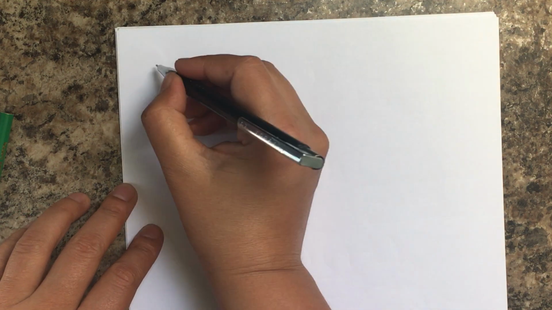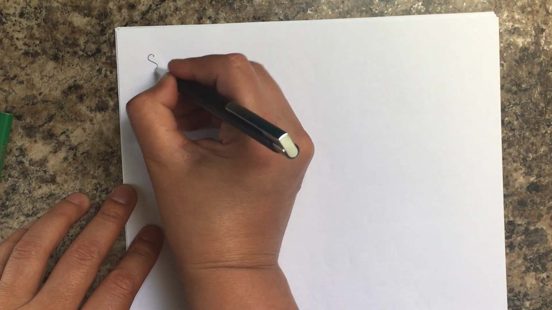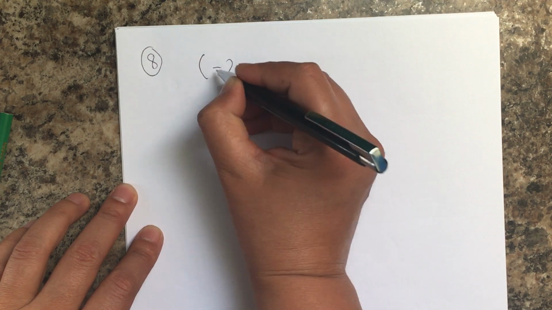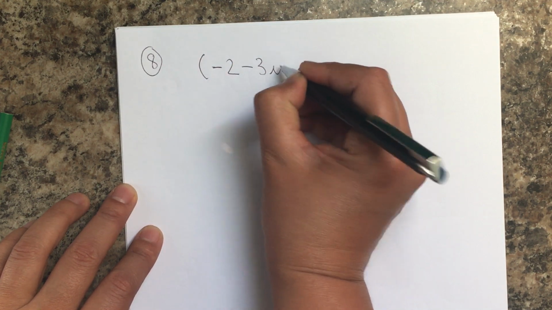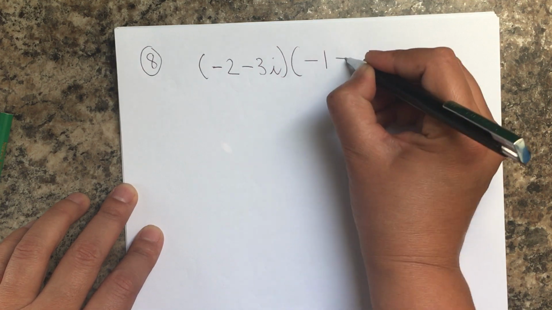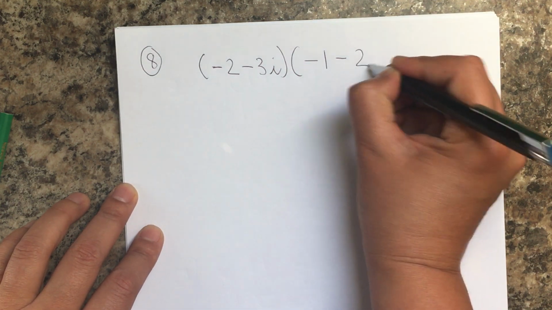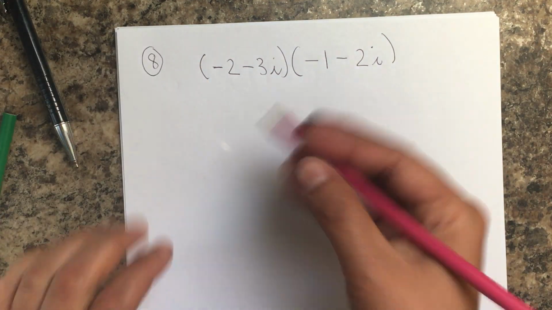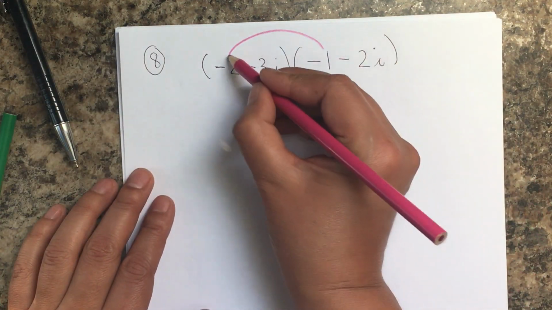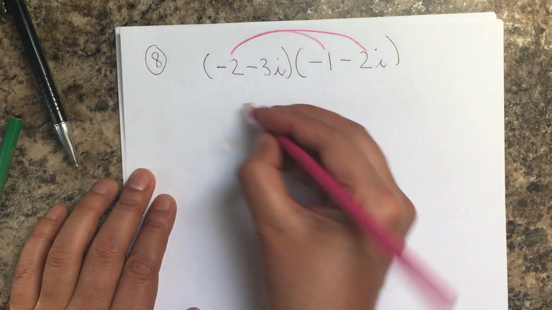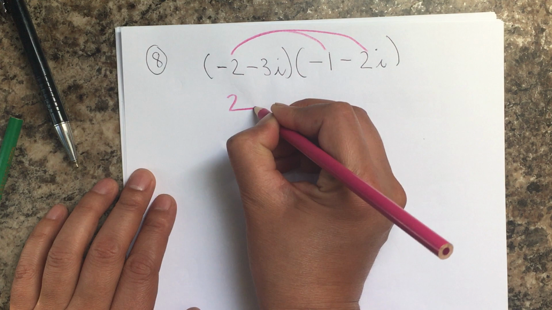Okay, let me do 2 more and then I'll let you do your work. So negative 2 minus 3i times negative 1 minus 2i. And again, the double distributive property, so the negative 2 times each term, negative 2 times negative 1, positive 2, right?